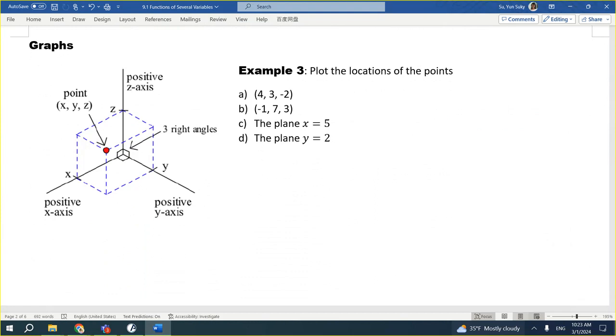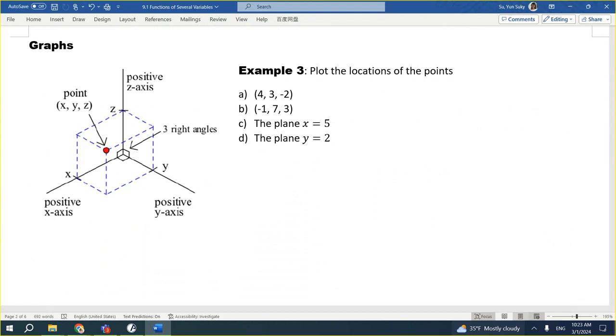You look at the x, and you imagine you are walking. You are standing at the origin, and look at your x. You go to the positive x-axis. How many units? And then you look at your y. You go to the positive y direction. How many units? And then z is you go up how many units. So this is how you draw it.